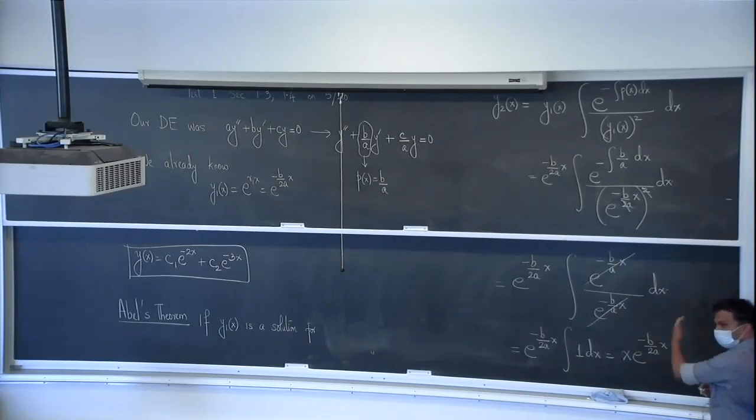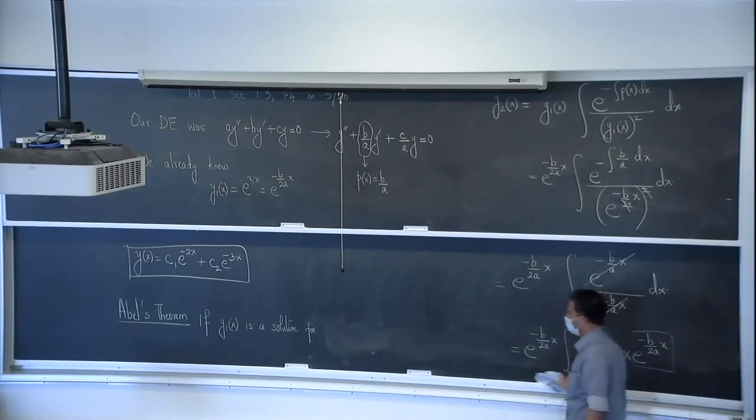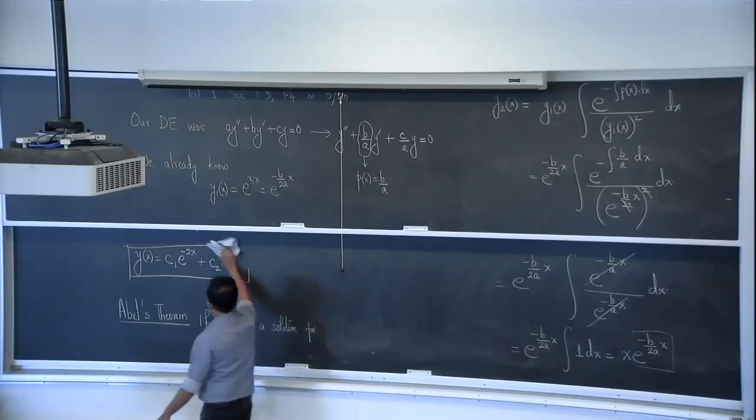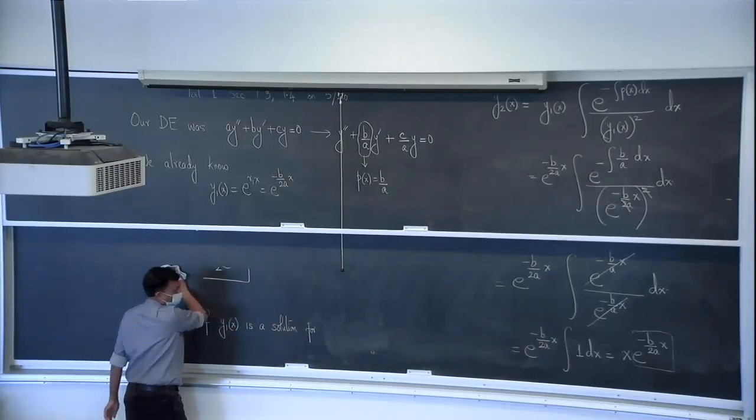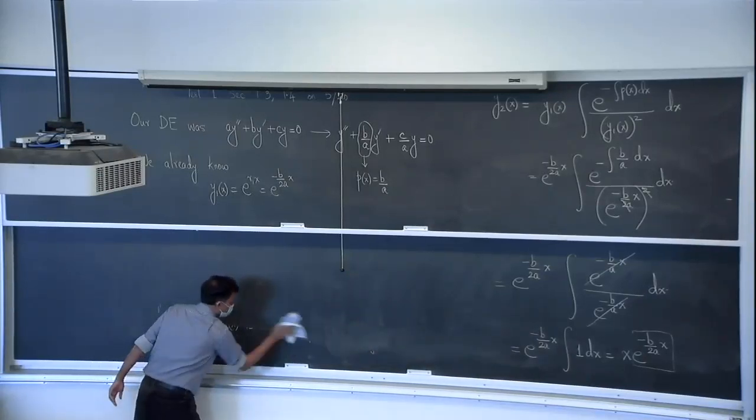So the point of doing this whole derivation is that for the repeated root, if you know one of them, you can always multiply an x to it and get the second linearly independent function. So those of you who don't want to look at derivations, this is what you need to know.